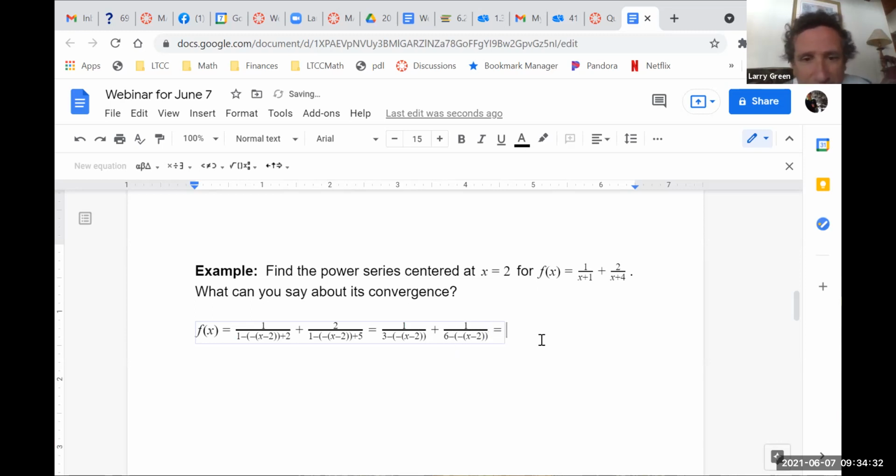So that is equal to, and for factoring out a 3 on the bottom, really pulling out a 1/3, 1 over 3 times, and then we get 1 over, and then we have a 1, that was the whole point, minus, and then parenthesis, and then I'm going to have a negative x minus 2 over 3.